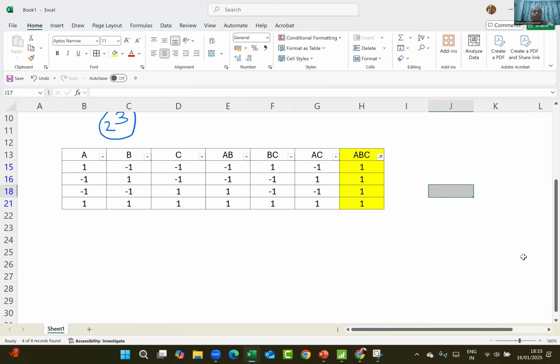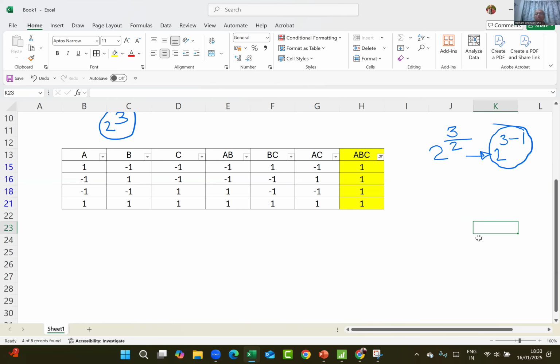So this is half fraction of 2 to the power 3 design, which means 2 to the power 3 divided by 2. So it is usually written as 2 to the power 3 minus 1.